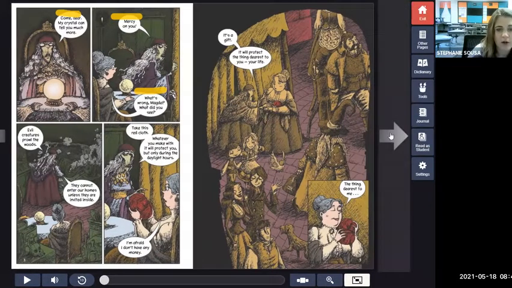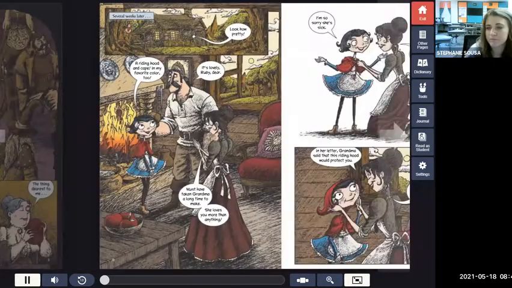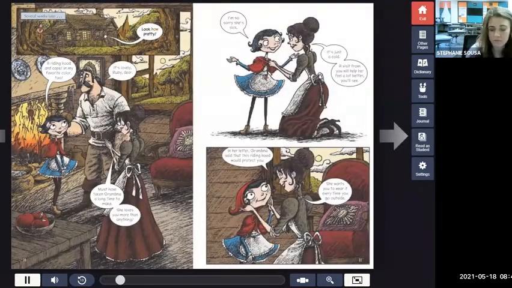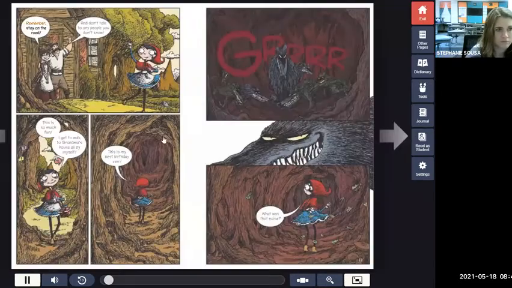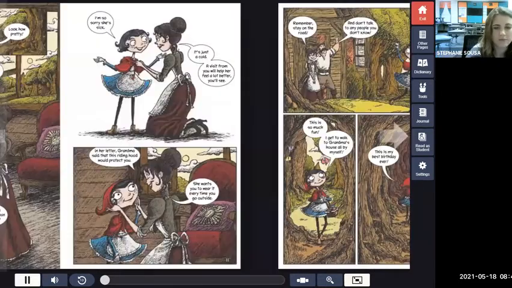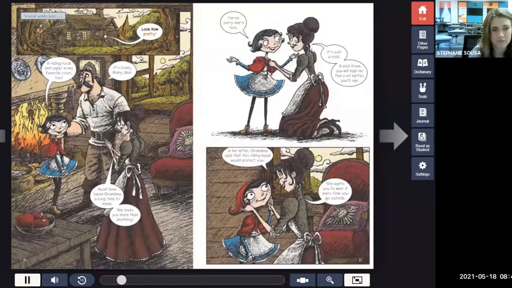Several weeks later. Look how pretty! Remember, stay on the road. Look how pretty! A riding hood and cape! In my favorite color, too! It's lovely, Ruby dear.